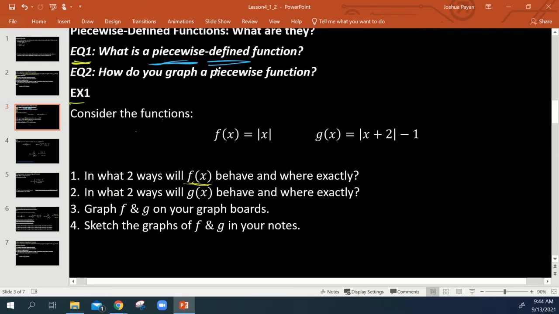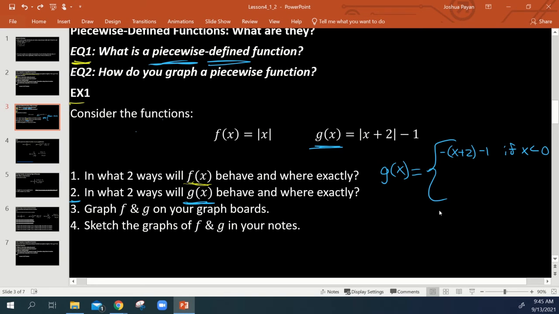Okay, so how does g of x behave? So g of x, and I'm not going to spend too much time on this, but this is how we would split it. Okay, so g of x is going to behave like this. So negative x plus 2 minus 1, assuming x is less than 0. This should look familiar, like when we were solving absolute value equations on 1-3.